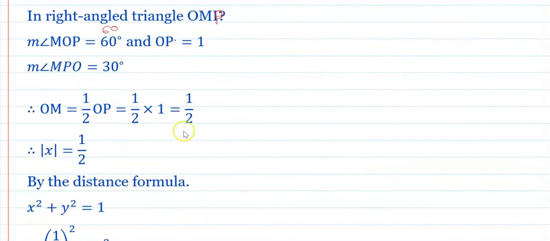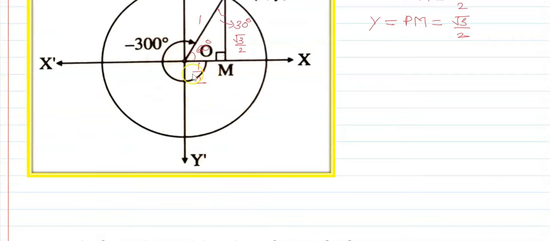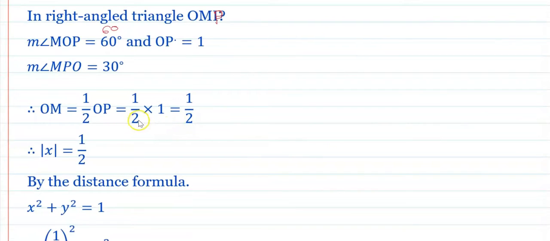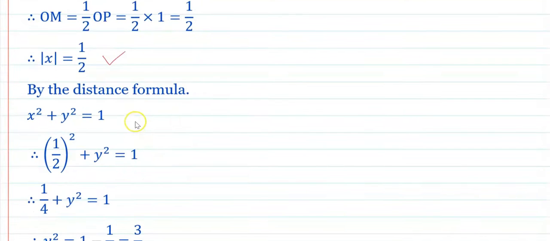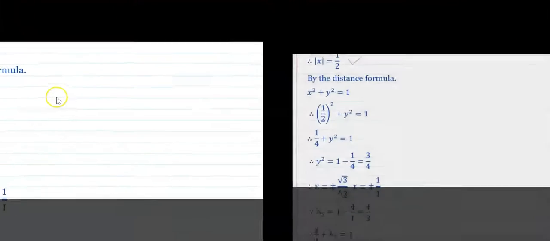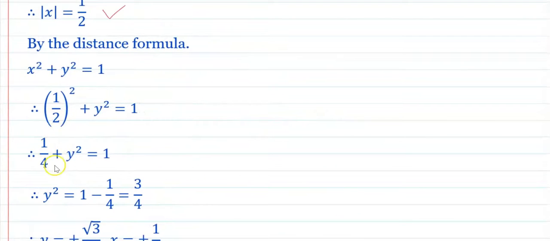Therefore, OM, the side opposite to angle 30 degree, is half of the hypotenuse, that is 1 upon 2 OP, which is 1 upon 2. That is, mod of x is equal to 1 upon 2. By the distance formula, x square plus y square is equal to 1. The value of x is 1 upon 2, so bracket square is 1 by 4, plus y square is equal to 1.